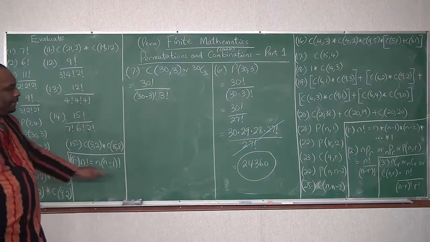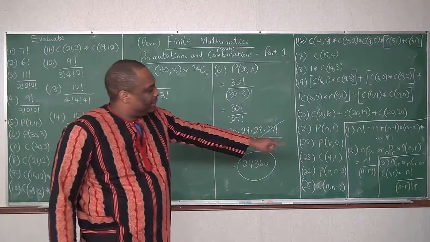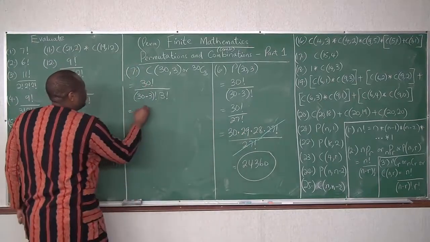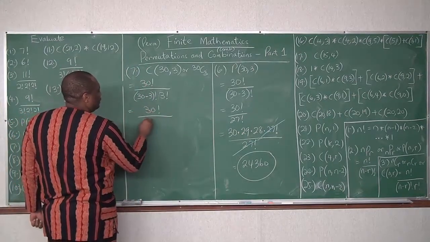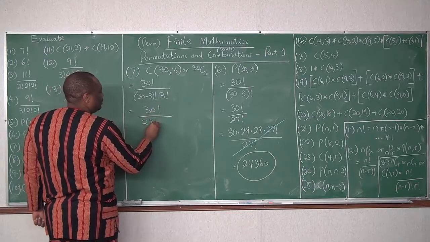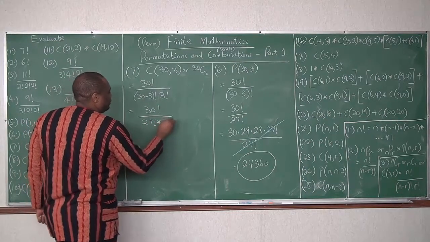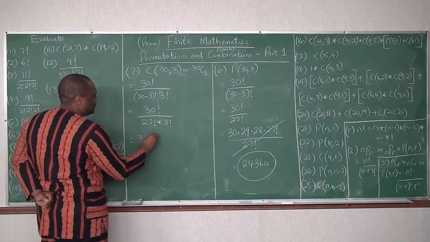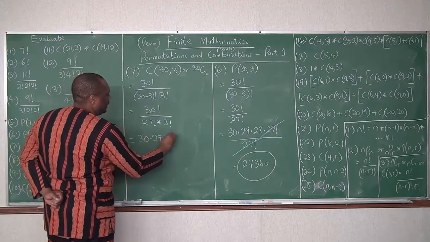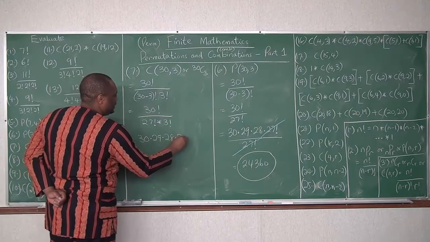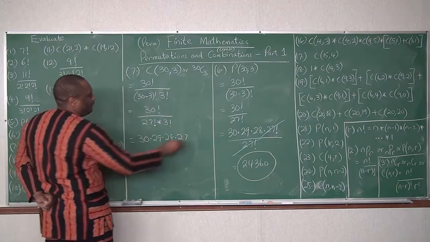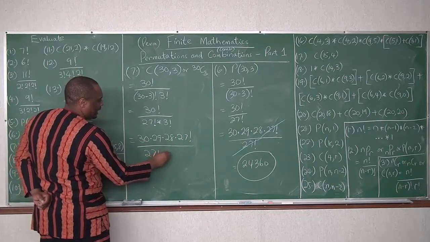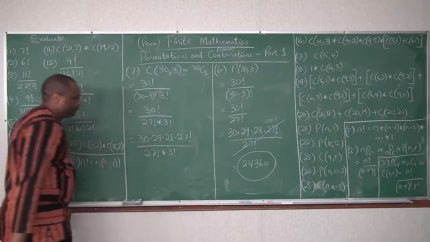Remember the formula: n minus r factorial, r factorial. So this will give us 30 factorial over 27 factorial times 3 factorial. So this will give us 30 times 29 times 28 times 27 factorial over 27 factorial times 3 factorial.